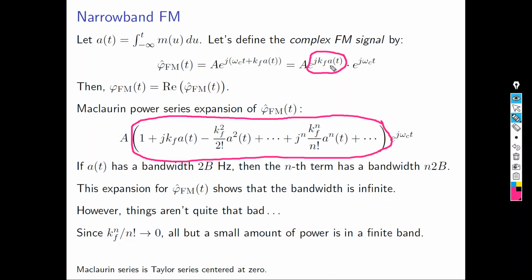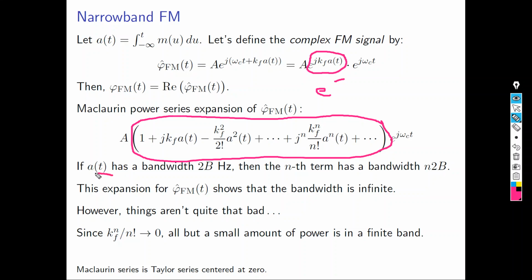So e to j kf a of t can be written as 1 plus j kf a of t plus and so on. As you can see, basically you remove the exponential. You make it summation and multiplication only, to make it easy to analyze and process, and to find closed form formulas for your modulation scheme.